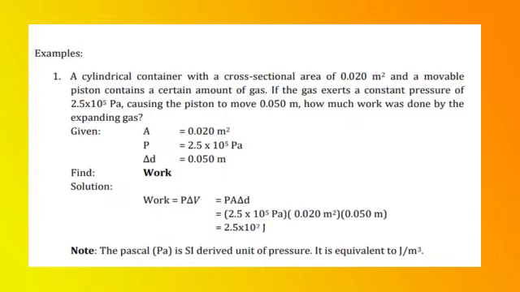Using the formula work is equal to P multiplied by delta V, we have the following solution. 2.5 times 10 raised to 5 Pascal multiplied by 0.020 meter squared multiplied by 0.050 meter. The answer for work is 2.5 times 10 raised to 2 joules.